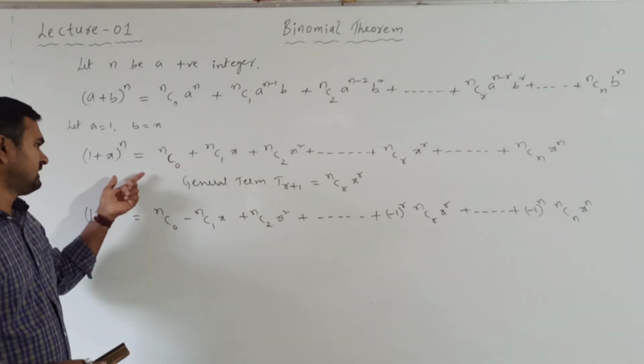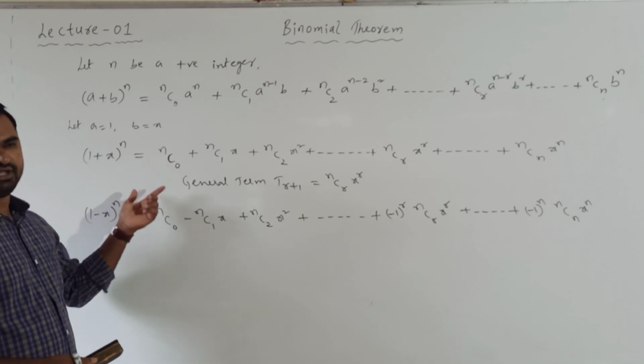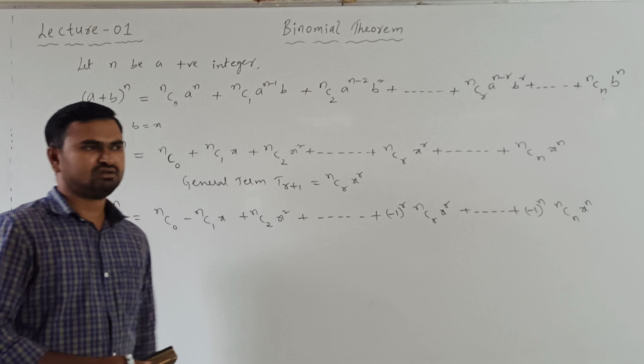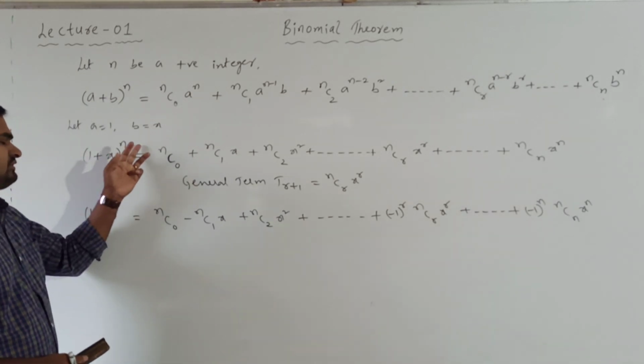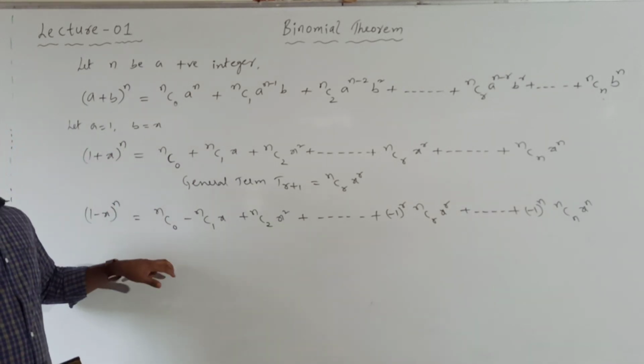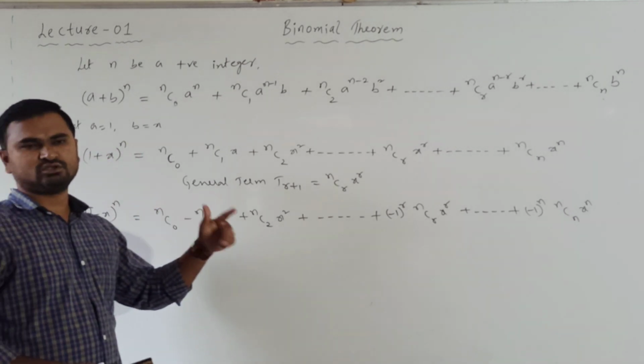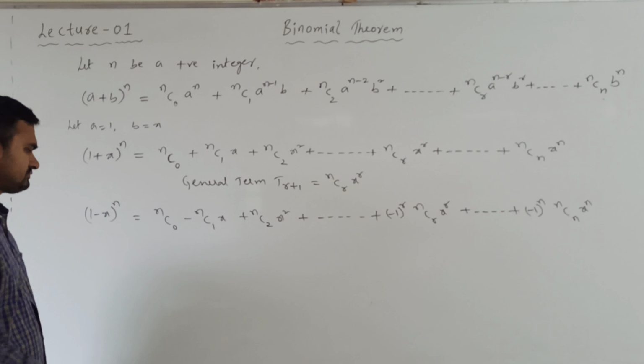Okay. So again we can add these two and we can subtract these two. Then we get some more expansion formulas in terms of 1 plus x whole power n plus 1 minus x whole power n, and 1 plus x whole power n minus 1 minus x whole power n.